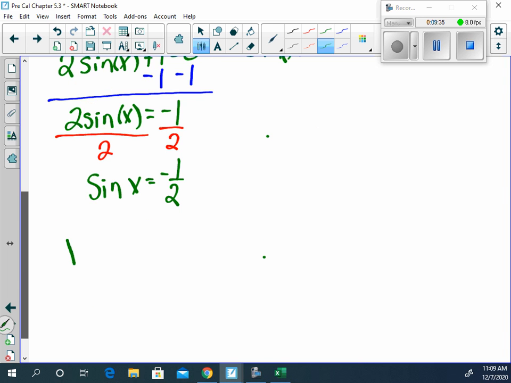And then we can use the unit circle to see where sine of x is equal to negative 1/2, which is going to, again, be the third and fourth quadrant, which will be 4 pi over 3.